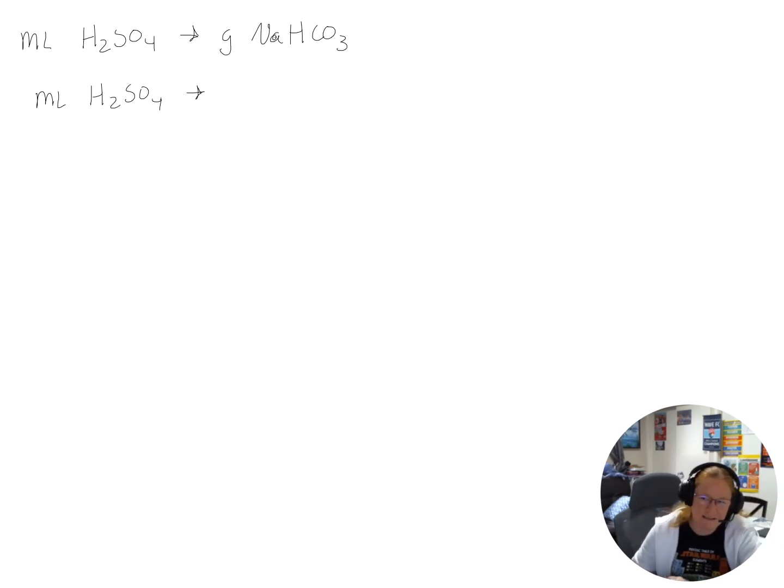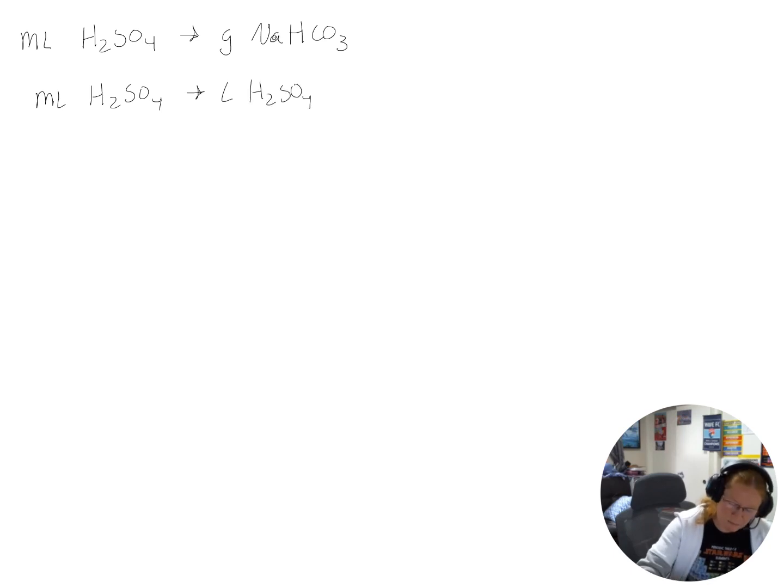And what do we need? Because what were we given about the sulfuric acid? Well, we were given a molarity, right? And molarity is moles per liter, which means that we need to go from milliliters to liters. So we're going to go from milliliters to liters, and then liters to moles.